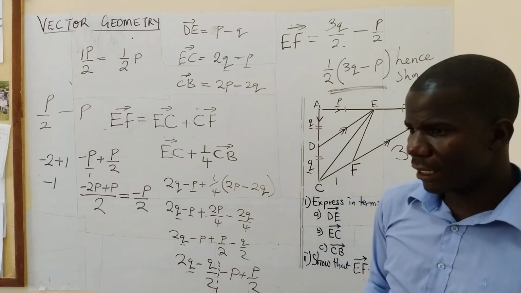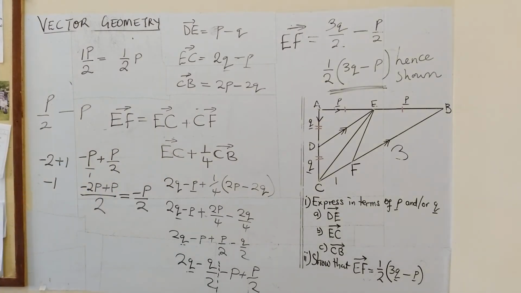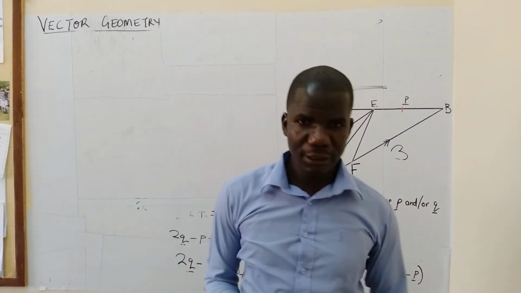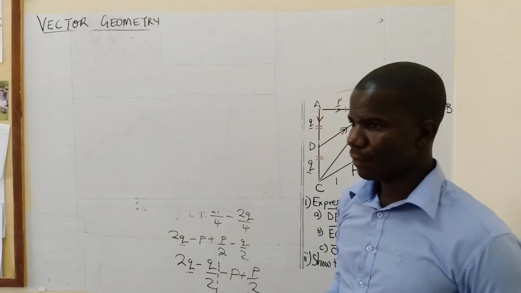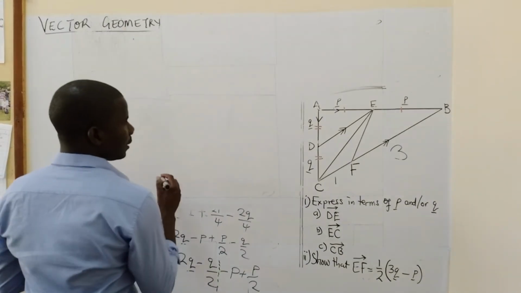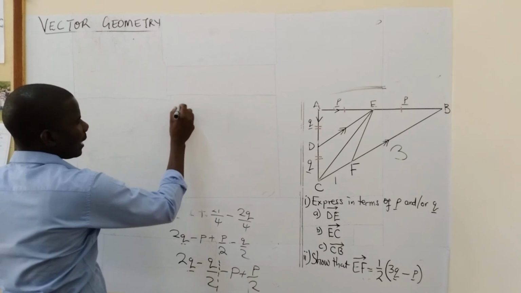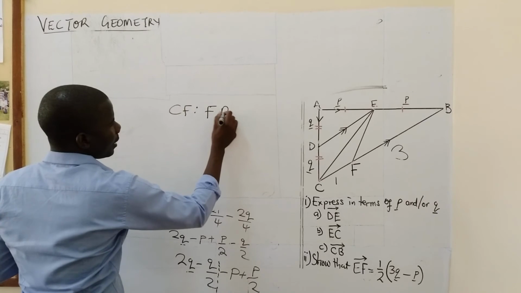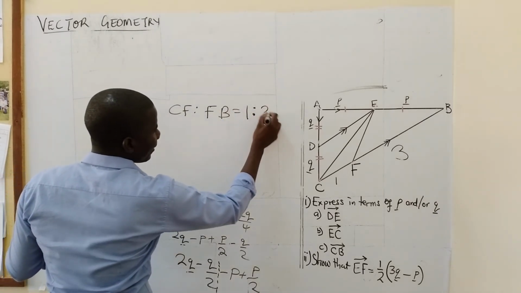So let me see if I can give you another example or an exercise. Okay, so before I give you an exercise, I want to bring to your attention one item that you have to note. If you look at the example that we had, I think we had CF to FB. Then the ratios that we had were 1 to 3.